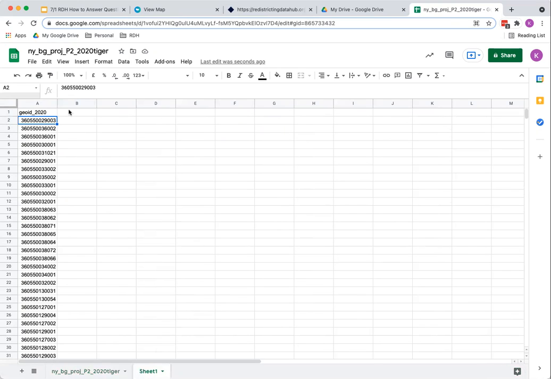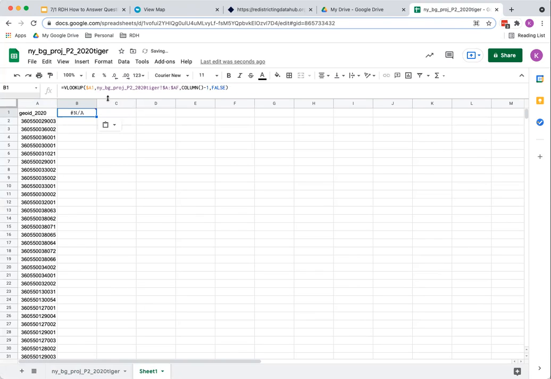So to save ourselves some time looking through for these geo IDs one by one, I am going to use some basic coding. I am specifically going to be using what's known as the VLOOKUP. This basically allows Google Spreadsheets or Excel to search for a value and then extract it and place it somewhere else.